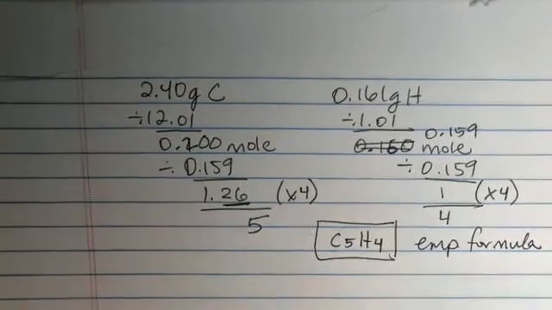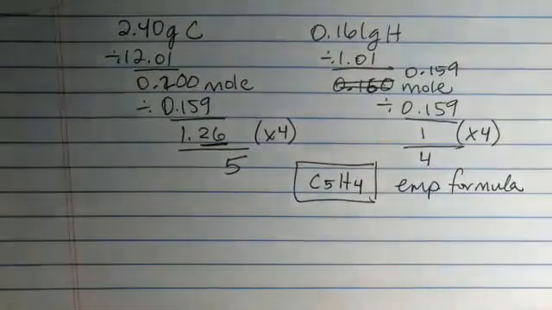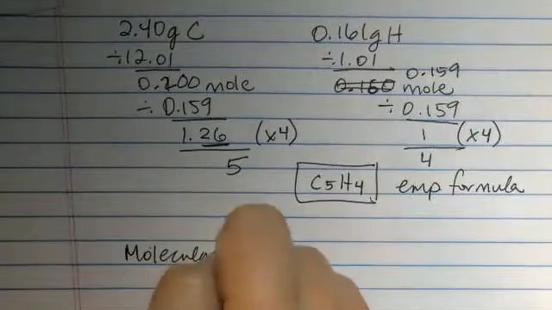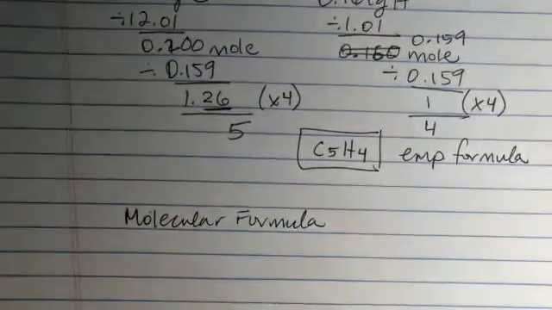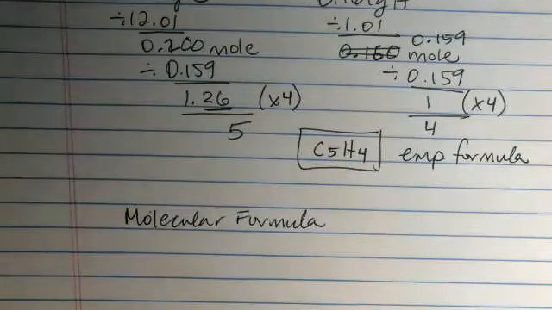The last part of the chapter is, okay, what about a molecular formula? So with a molecular formula, what we talked about was the empirical formula is a repeating unit. So this C5H4 would have to repeat a certain number of times until you make up the true compound.